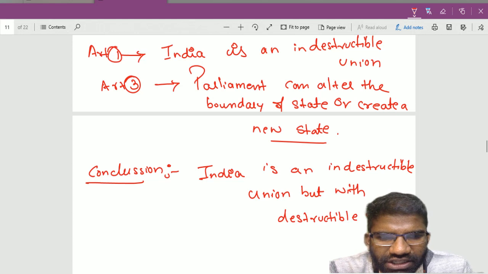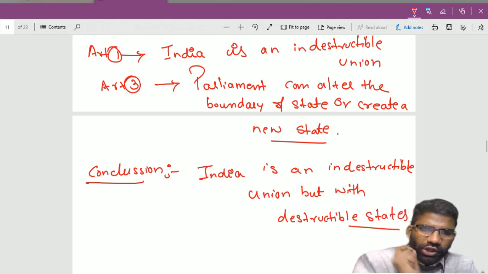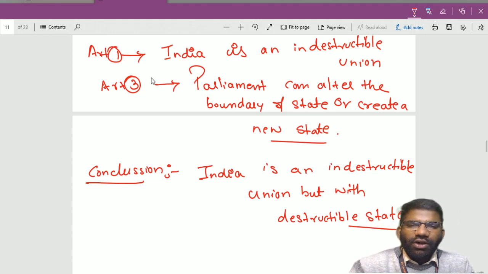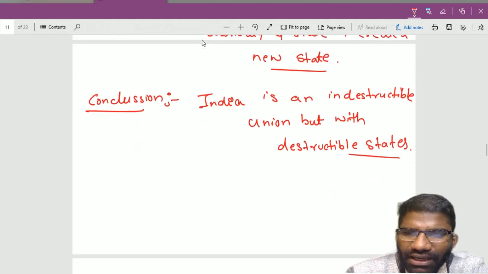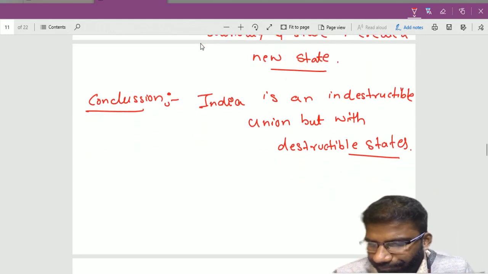That means the Parliament of India can alter the boundary of states within the land or the territory of India. This was the conclusion of Article 3 and 1 together.